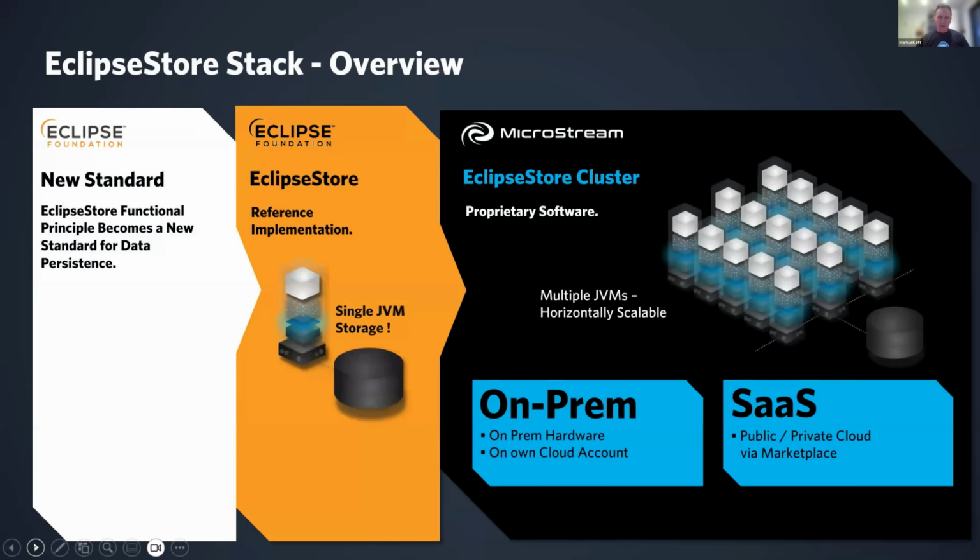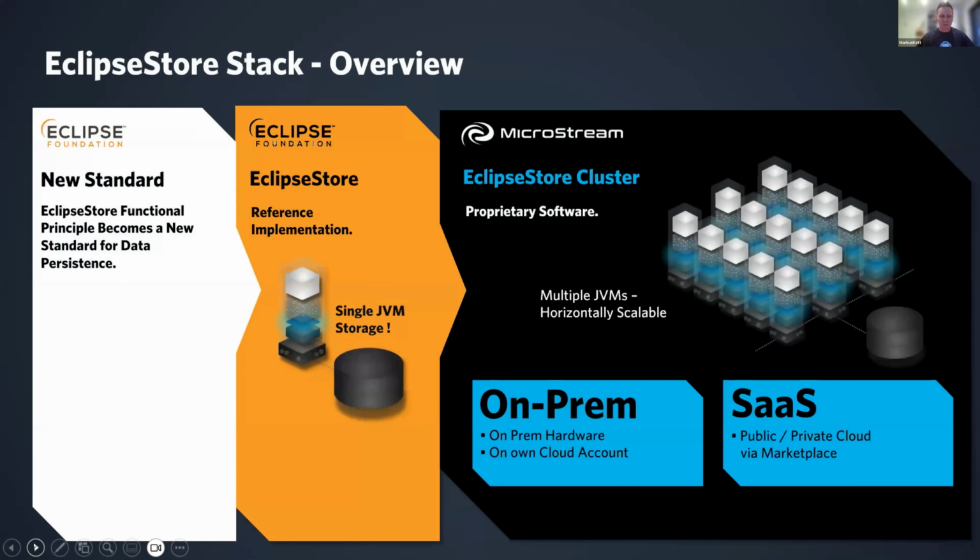The EclipseStore project is an Eclipse project. So the development process is further developed under the roof of the Eclipse Foundation, which is not only the Eclipse IDE. We run more than 100 open source projects under the roof of the Eclipse Foundation. So this is a great community for us, and we work together with other vendors and companies.